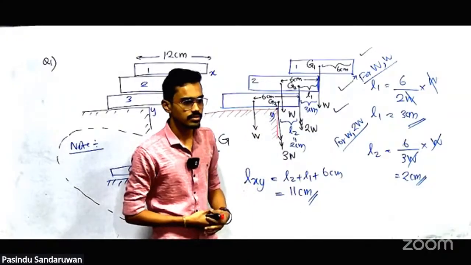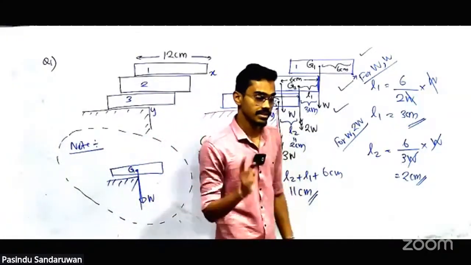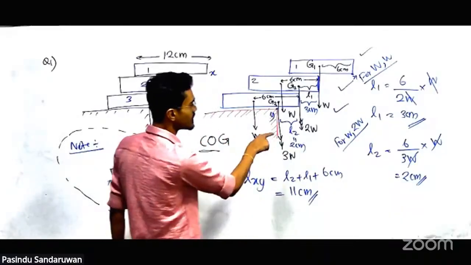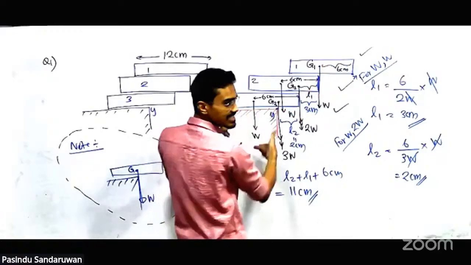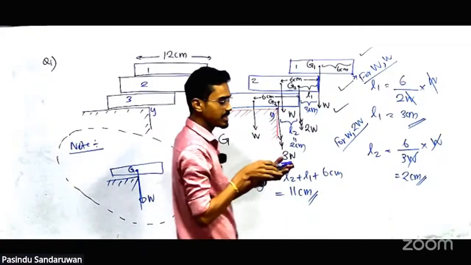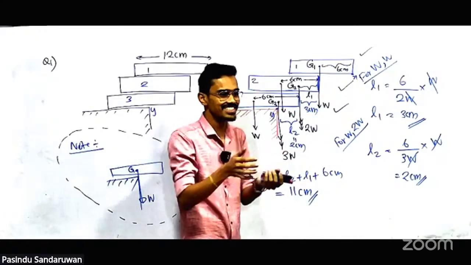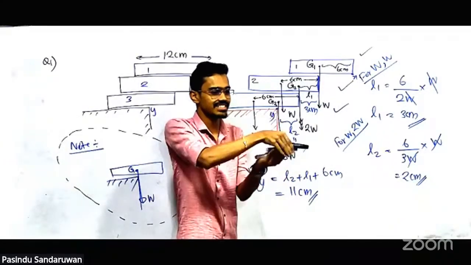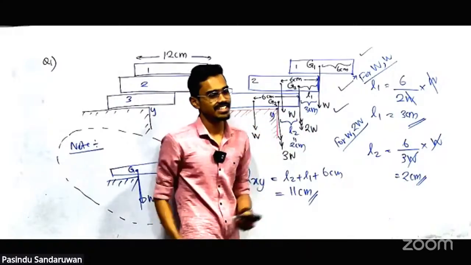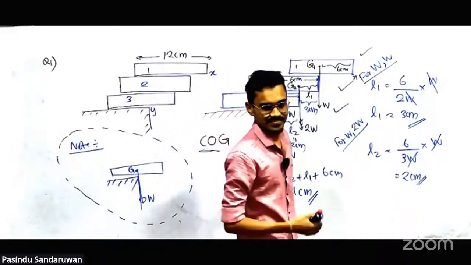You can try it out. But when we are doing this practically, you have to do this from the bottom. Calculation is done from the top, but when you are keeping, it falls. So you have to keep it from the bottom, like this. Give it a try.